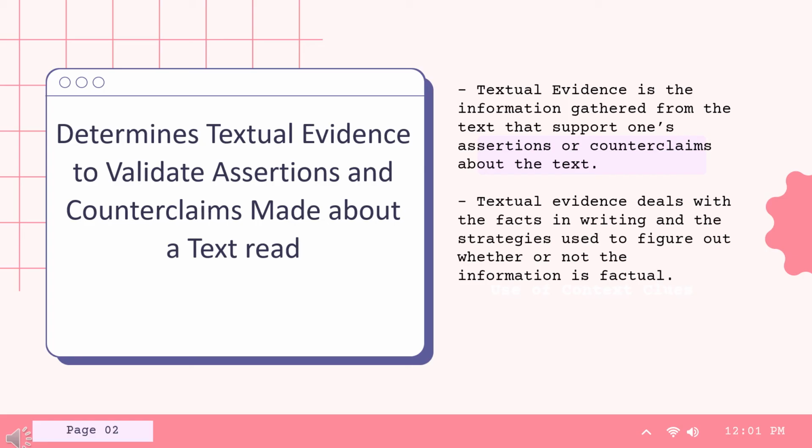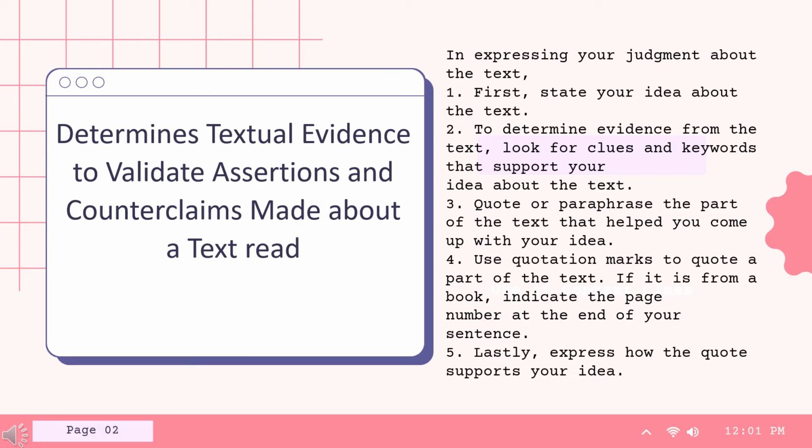In expressing your judgment about the text, first you need to state your own idea about the given text, of course.